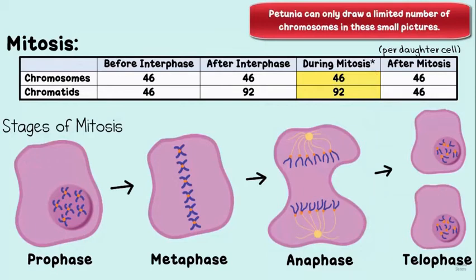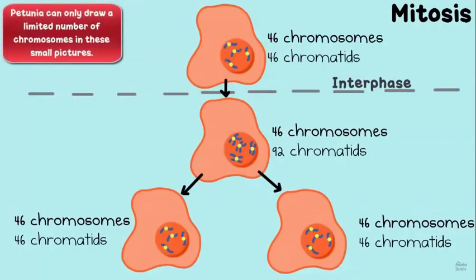Although we still usually refer to them as chromatids during this process of cell division. So at the end of mitosis, those chromatids separate and you end up with two cells that each have 46 chromosomes. Those chromosomes kind of look like little sticks in this picture. The two daughter cells, if you look, are identical to the starting cell in mitosis.